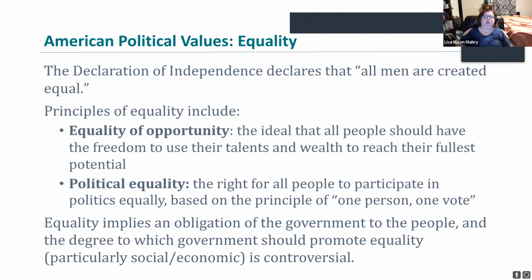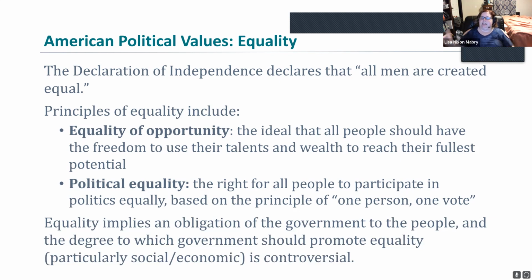So it's the opportunity for equality, but the opportunities are not equal for everybody. So it's sort of a catch-22. But that's the principle. That's what our goal is to get to, right? And then political equality, which is the right for all people to participate in politics equally based on one person, one vote, right?